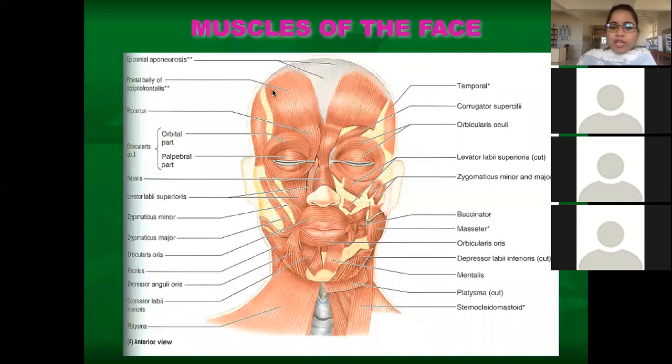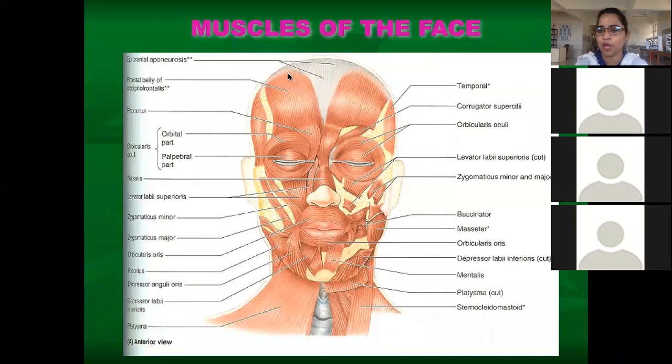Just draw a face with eyes, nose, mouth and ears, and let us draw the muscles. Usually we draw these muscles and show it to the students, but unfortunately we can't do that here, so right now I'm using the picture directly. You can draw and practice, and you will understand immediately.